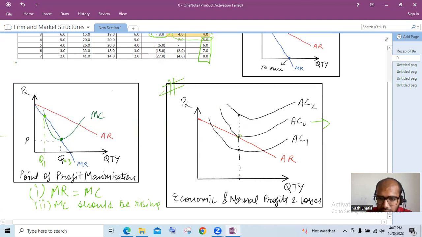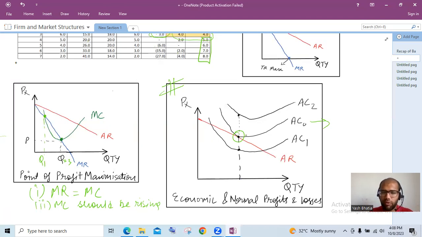At this point here, our average profit is 0. AR minus AC, you can see at this point it's 0. This is the case when we say that the firms are earning normal profits.